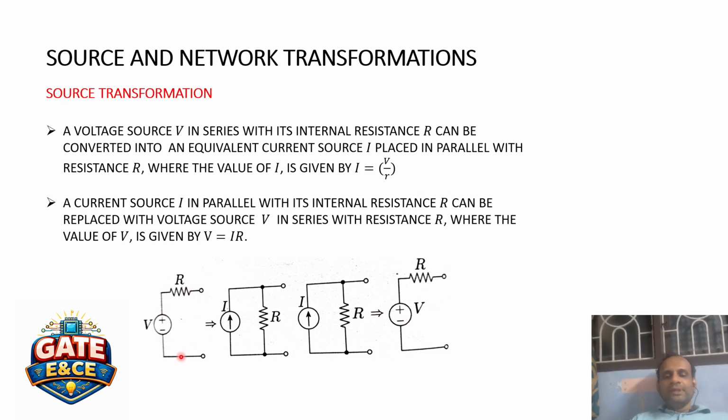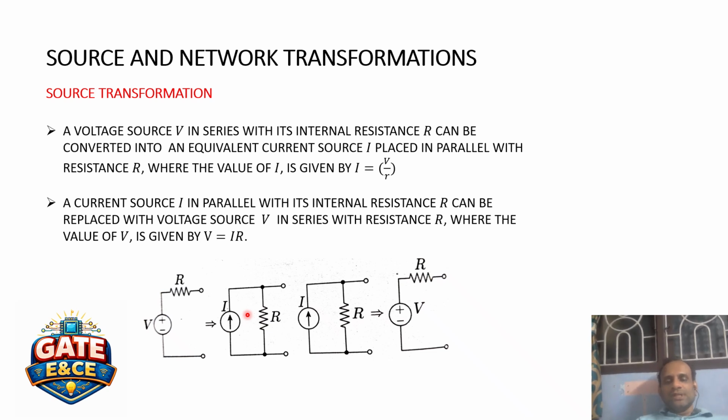Adjacent to this circuit there is one more circuit consisting of a current source I and a parallel resistance R. What is the relationship between these two circuits? It is given by the source transformation.